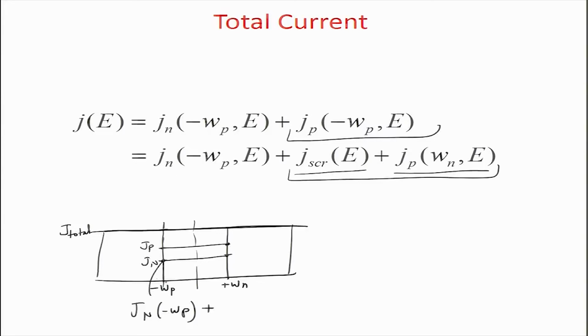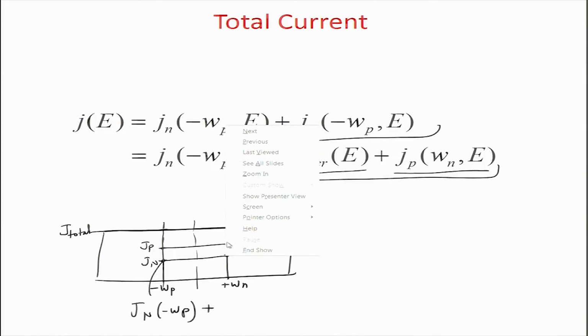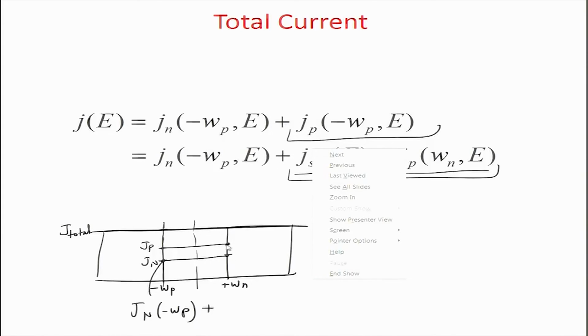So, for the current to be calculated at this particular point, we take the electron current, so electrons are coming from this side to that side, plus the hole current at this side, and so holes have gone from here to here. So, this hole current will change as it goes from here to here. Similarly, this electron current changes, as you flood this side with excess holes.